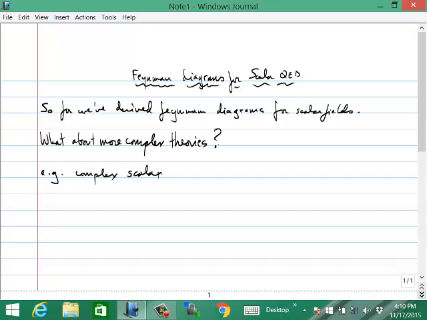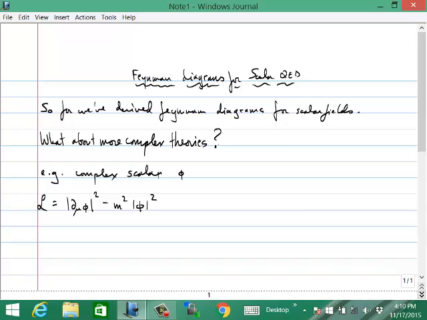Okay. So let's just start with the theory that we've discussed several times so far in this course, namely a theory of a single complex scalar field. So the Lagrangian of this theory, well, let me just write it down for you. It's something that we've studied in class as well as in problem sets several times.